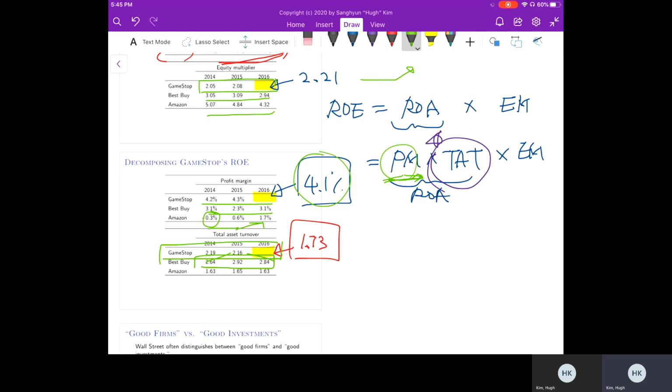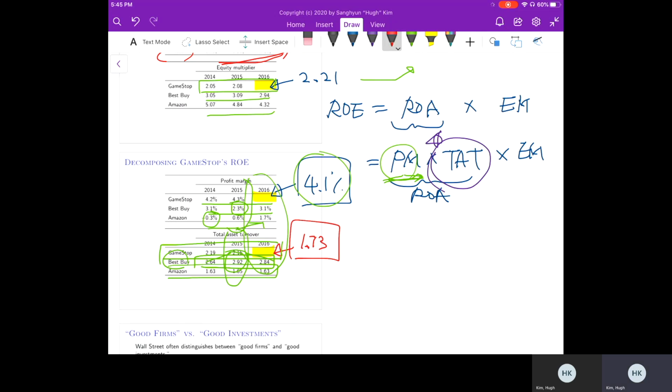So it looks like Best Buy in 2015 sacrificed profit margin to increase turnover. Okay, and in 2016, that strategy seems to be paying off. And for Amazon, total asset turnover stayed more or less at the same level.